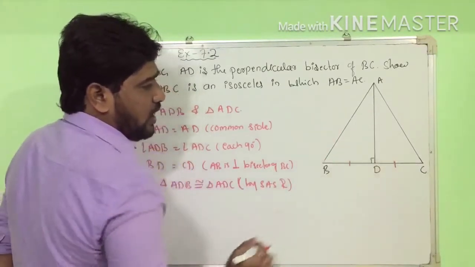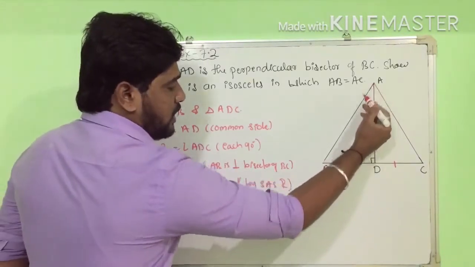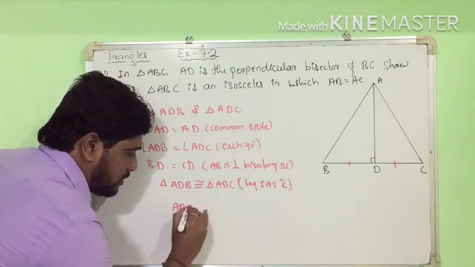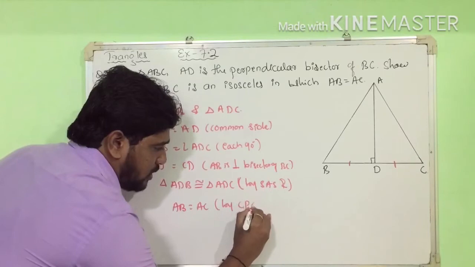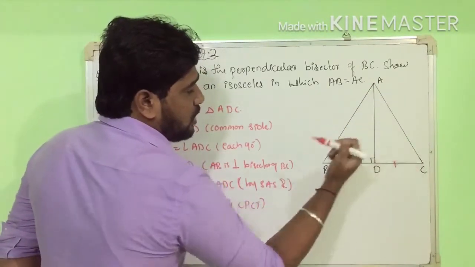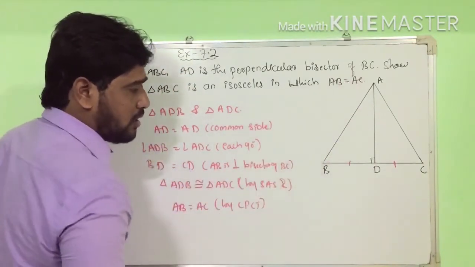So these two triangles are congruent to each other, which means their corresponding parts are equal. It means AB is equal to AC, by CPCT. So in triangle ABC, AB is equal to AC, which means it is an isosceles triangle in which AB is equal to AC.